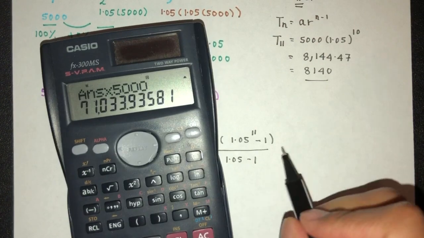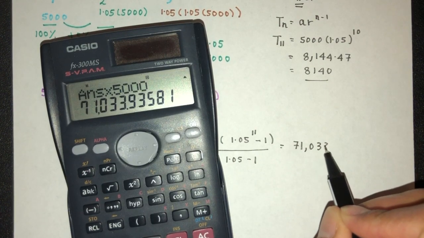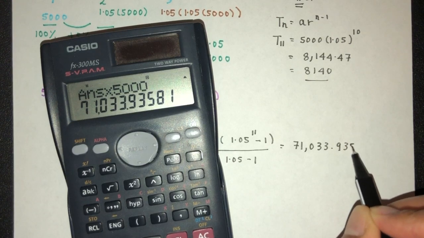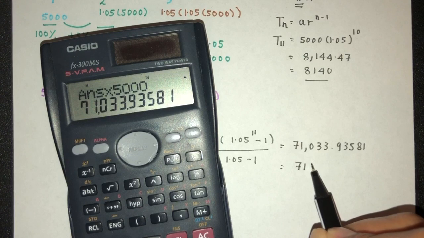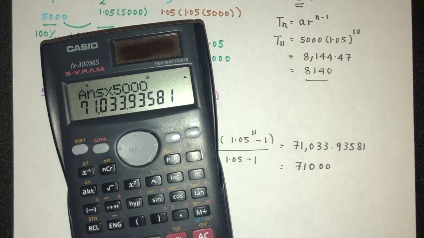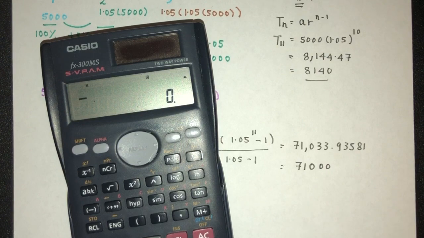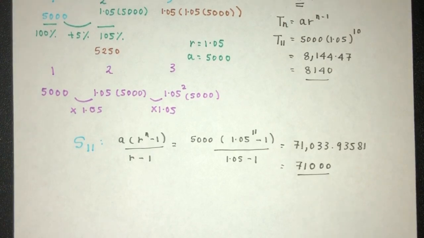That should be 71,033.9358. So to 3SF, 71,0 and then 0, 0, because the 3 is not more than 5, so it will be rounded to 0 as well. So correct to 3SF, 71,000 will be the amount given from the year 2001 to 2011.